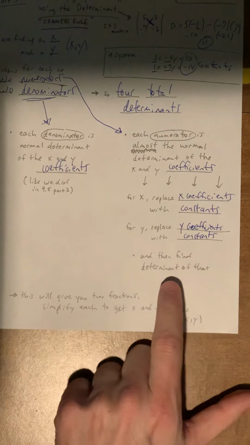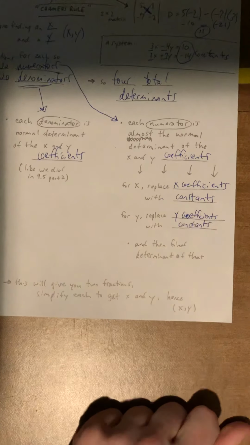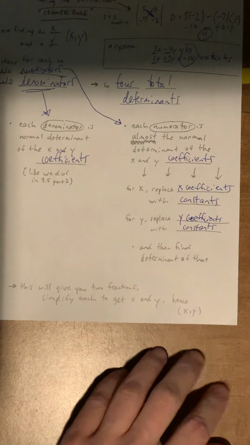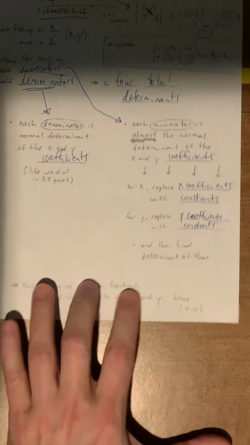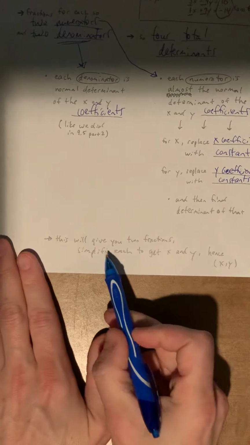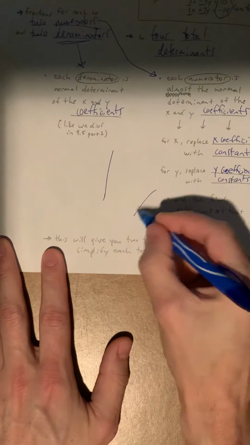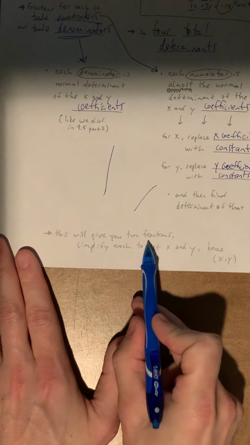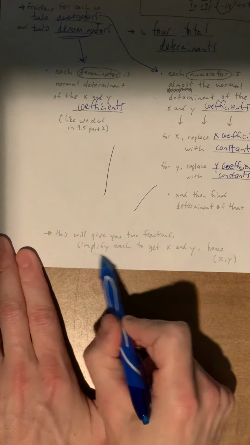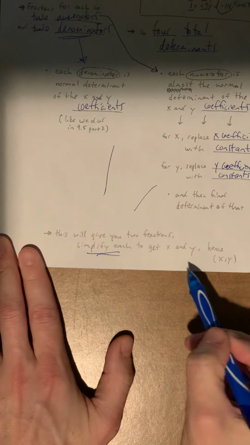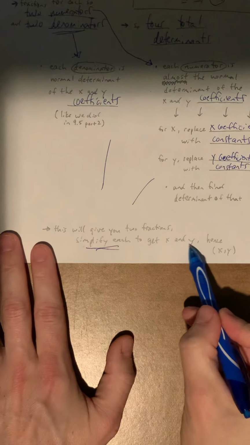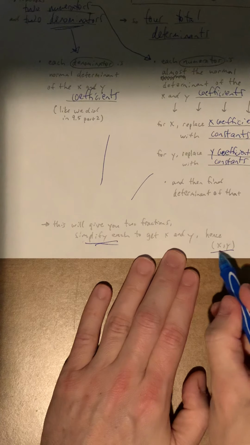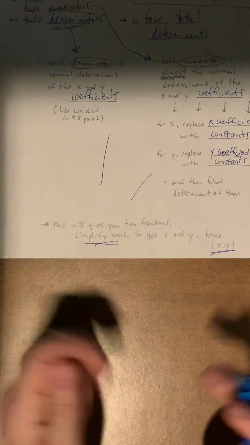Right? And then you just find the determinant of each of those. And that will give you your numerator for each of your numbers. Right? And then what both of these will do is give you 2 fractions, and you simplify each of them. And that's how you get your x and y values, and you have your xy coordinate point for your solution.